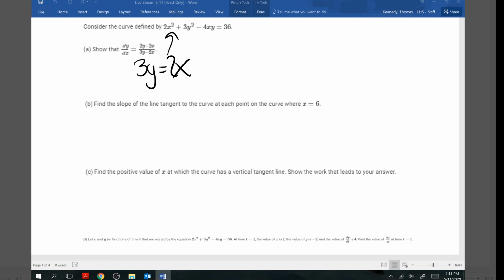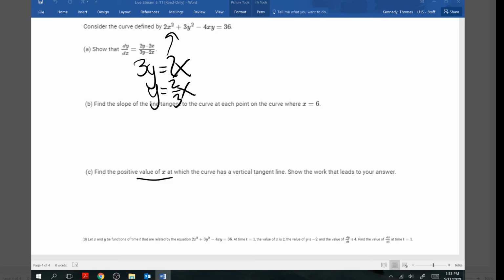So what should I plug in? For 2x, plug in a 3y, or for 3y, plug in a 2x. Since I'm looking for an x value, I should replace all the y's with 2/3 x.